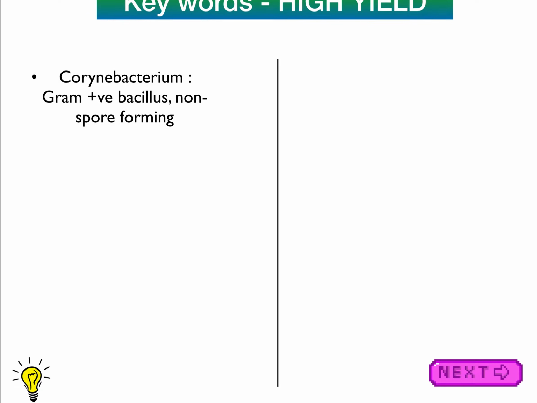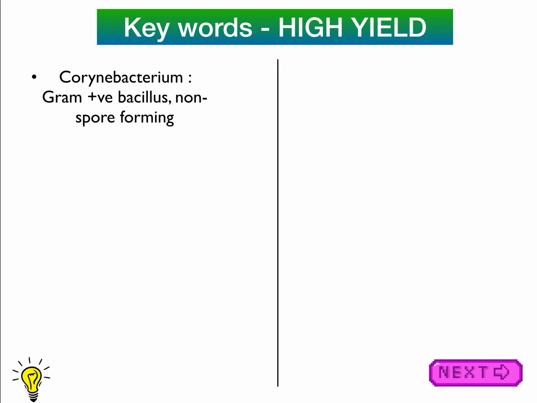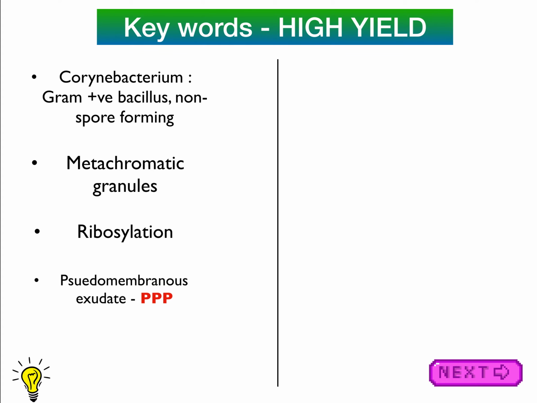Okay, so some key words and some high yield points just to start off. Corynebacterium is a gram-positive bacillus and it's a non-spore forming type. The key words for Corynebacterium, on the left-hand side, include metachromatic granules, ribosylation, and pseudomembranous exudate.